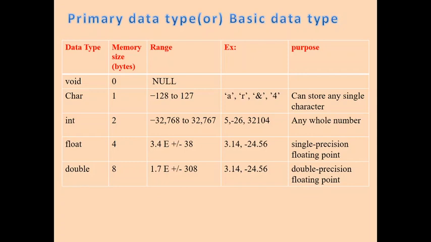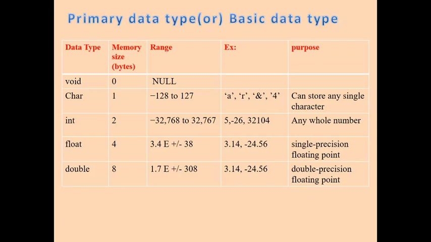Next basic data type, int. This is the most regularly used data type. Int stands for integer. A number without any decimal value, a rounded number, you call it an integer. For signed and unsigned, we have two models, signed integer and unsigned integer. For signed, it ranges from -32,768 to 32,767.